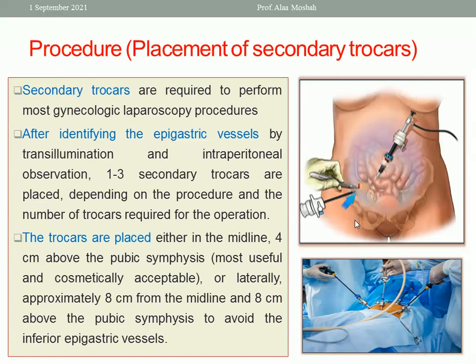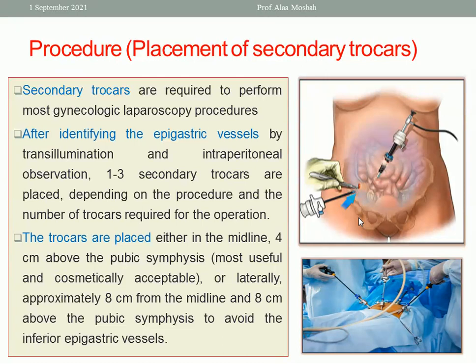After identifying the epigastric vessels by transillumination and intraperitoneal observation, 1 up to 3 secondary trocars are placed, depending on the procedure and the number of trocars required for the operation. Sometimes one secondary trocar for an instrument is quite enough.